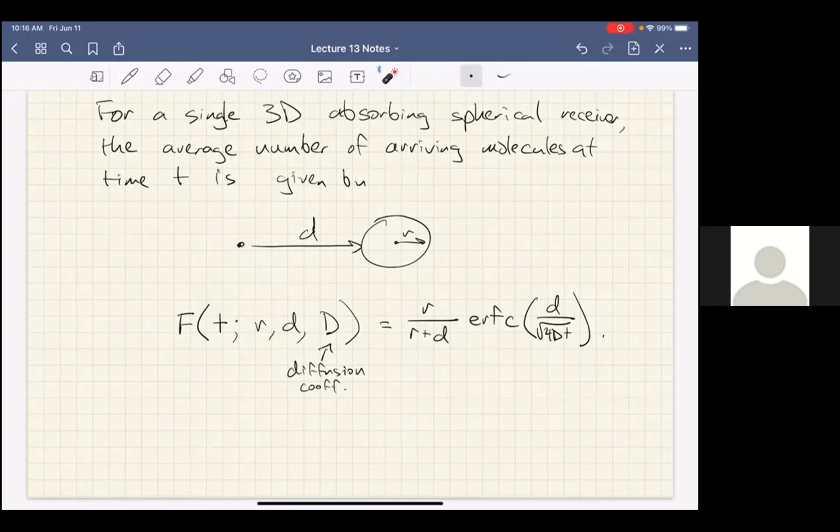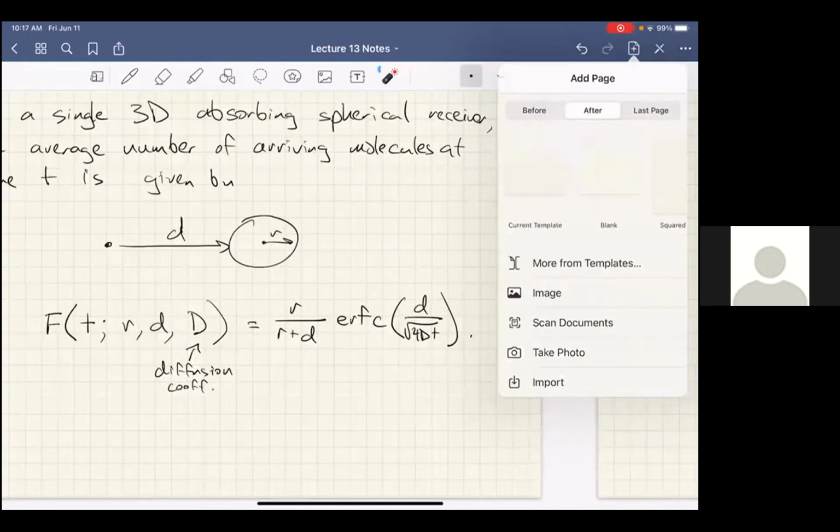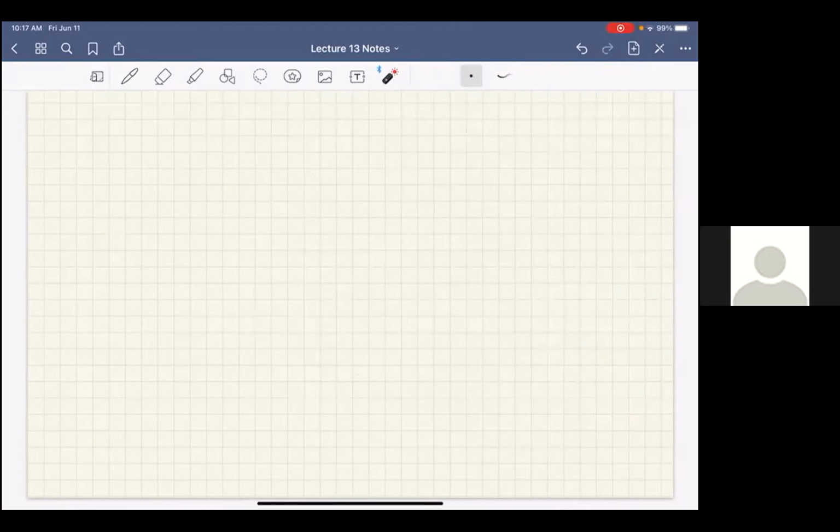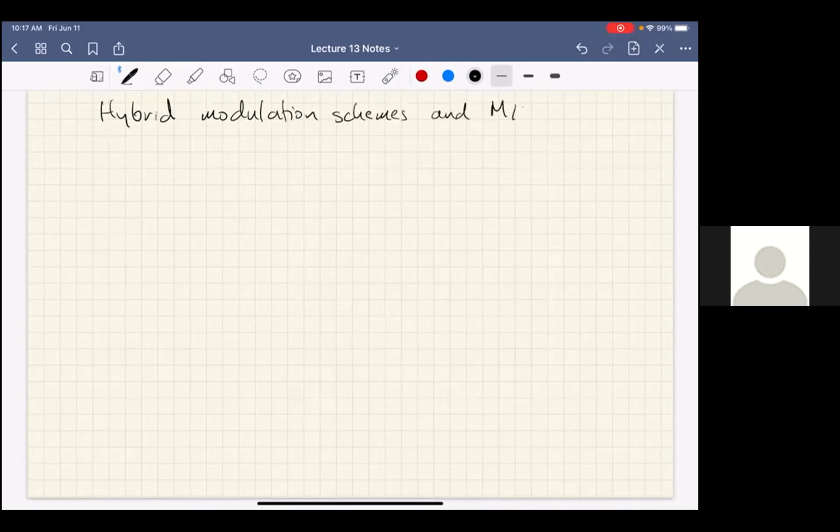All right, so that lets us set up a hybrid modulation scheme. We haven't talked formally about hybrid modulation schemes just yet, but let's talk about hybrid modulation schemes and MIMO.